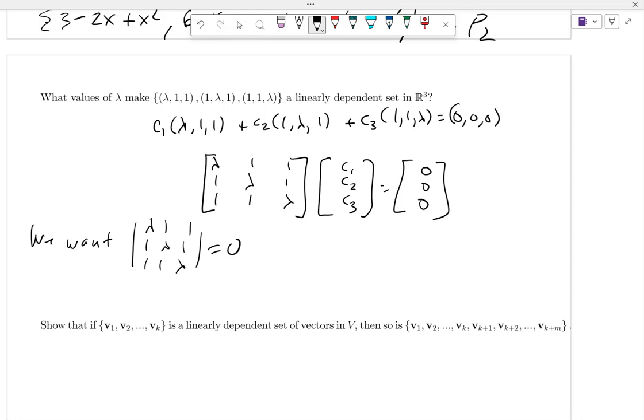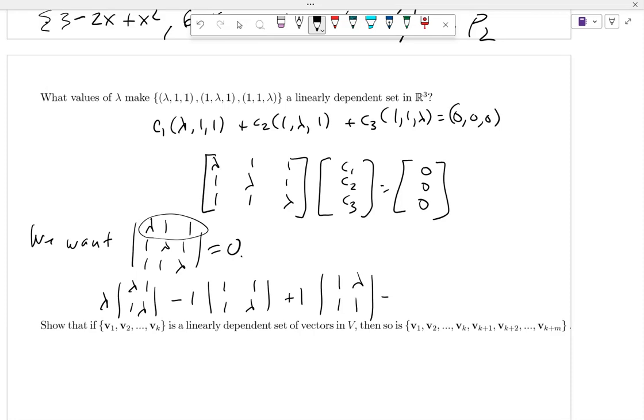Okay. We agree? Okay. So take the determinant. We can do a couple of ways here. I'm just going to expand along the first row. So lambda times the determinant of lambda 1, 1 lambda, minus 1 times the determinant of 1, 1, 1 lambda, plus 1 times the determinant of 1 lambda, 1, 1. I know I did it quickly.